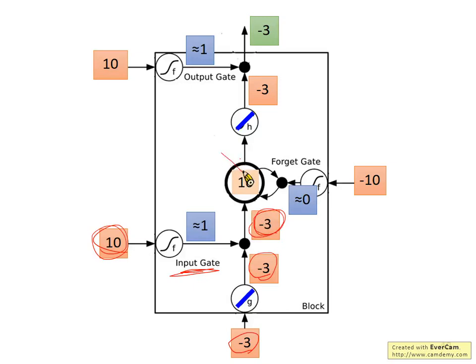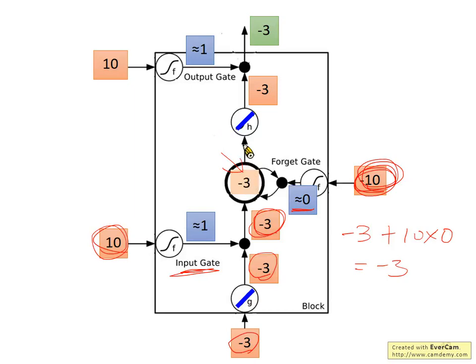Assume the original memory information is 10. Depending on the forget gate, right now the forget gate is closed because the control signal is quite small. So the new memory information is minus 3 plus 10 times 0, which should be equal to minus 3.